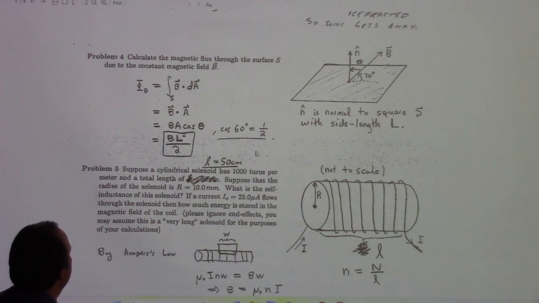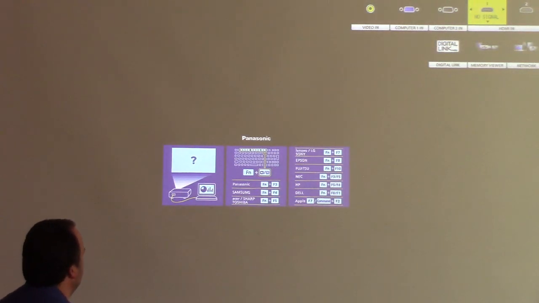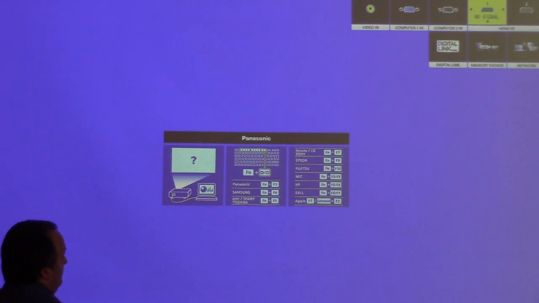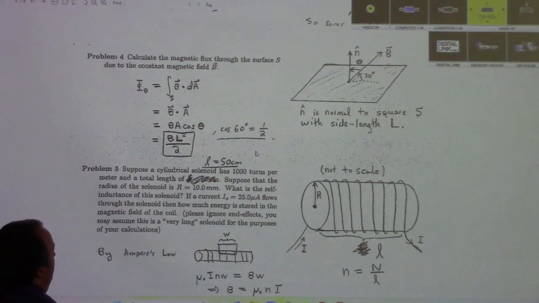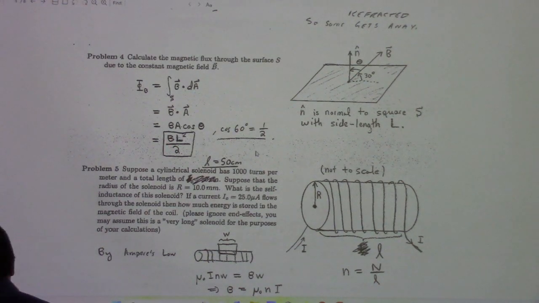So B dot A, but that's cosine theta, which is 60, so BL squared over 2 is the flux. All right, great.